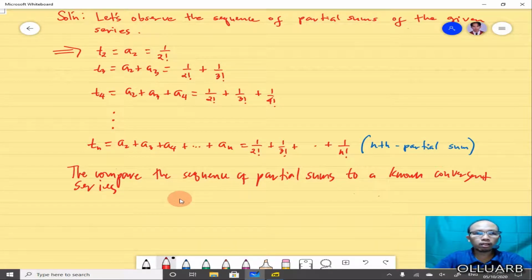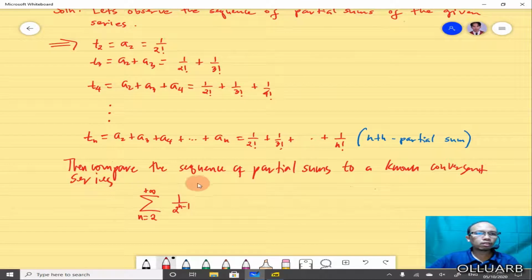But observe that we compare the sequence of partial sums to a known convergent series, this one: summation of 1 over 2 to the n minus 1, where n starts from 2.